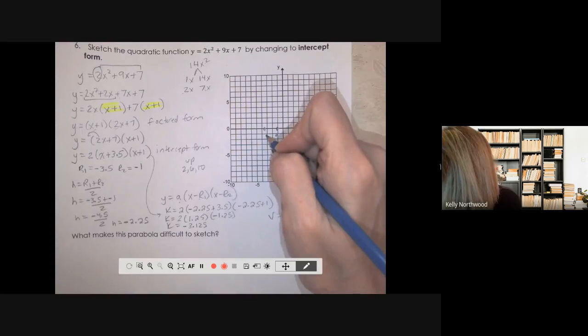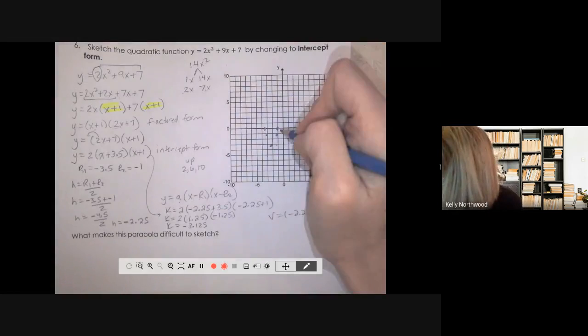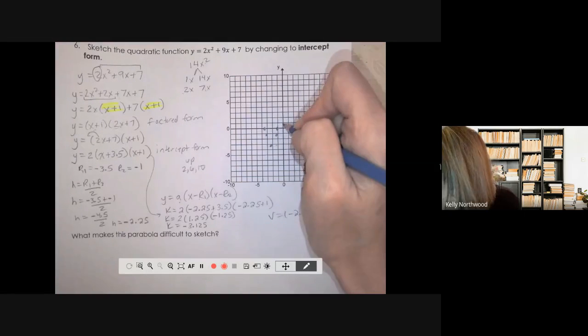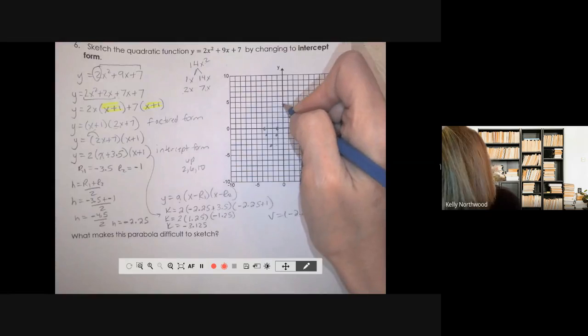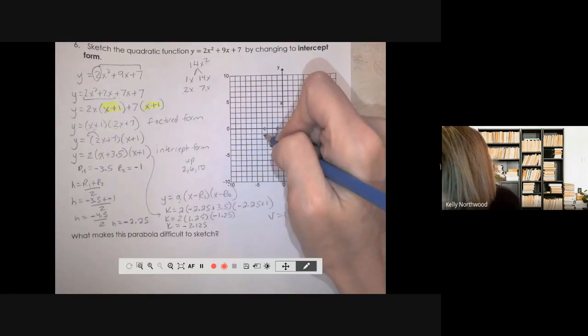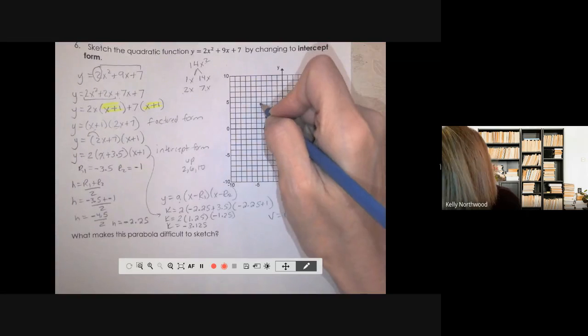Up 2. And then our next step is going to be over 1, up 6. Over 1, up 6.